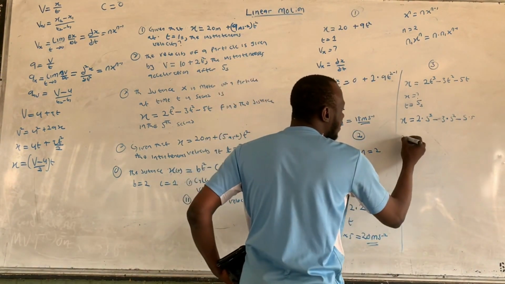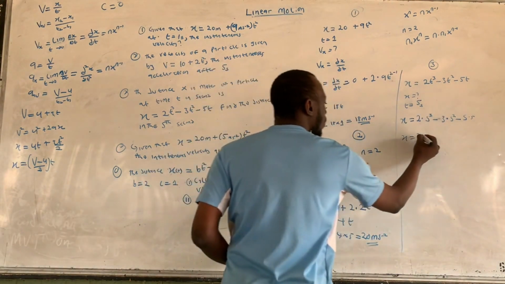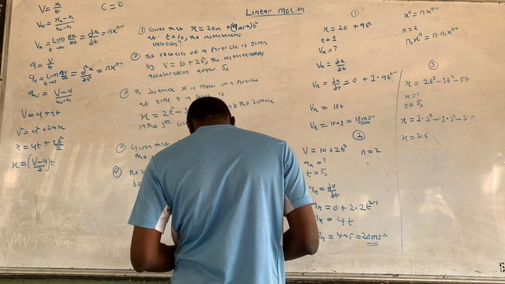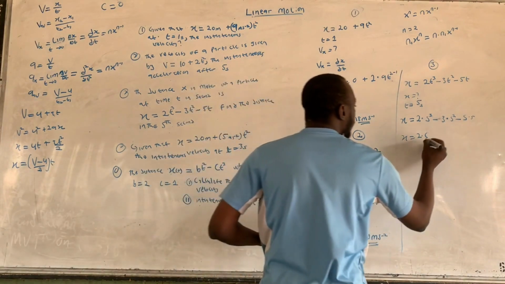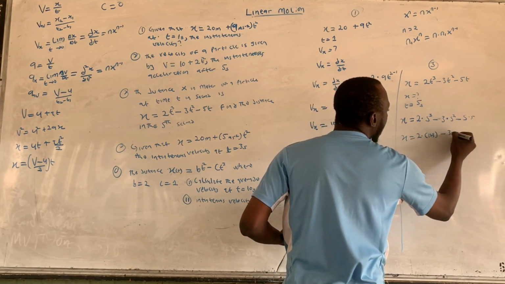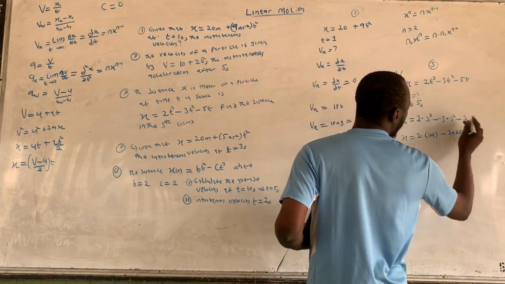Here we have x equals 2 times 5 cubed, 125, minus 3 times 25, minus 5 times 5, 25.